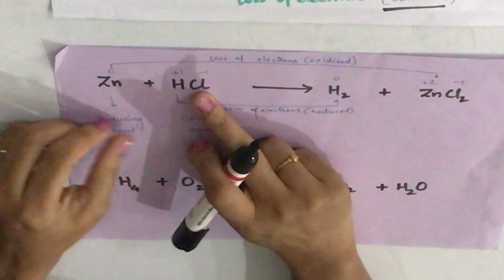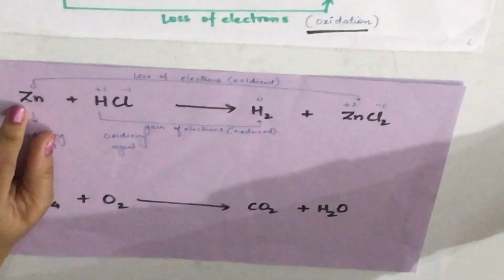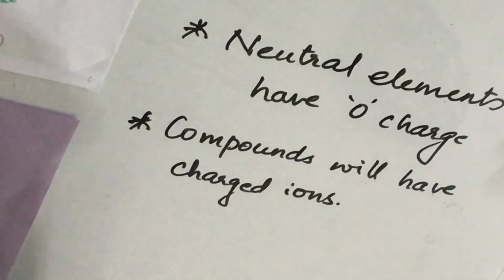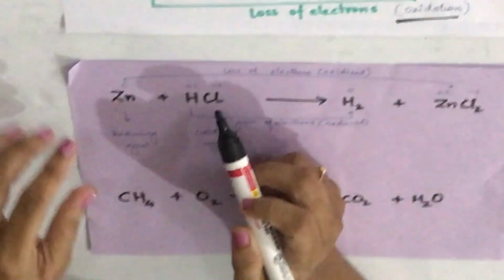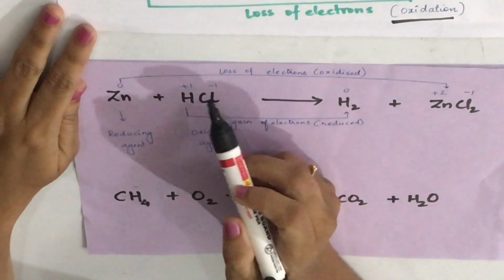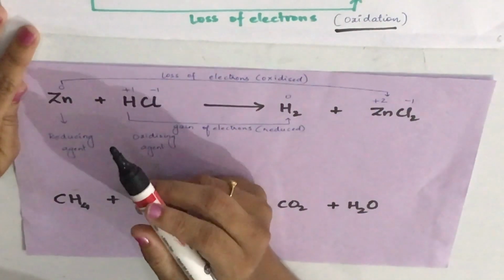Now in this case again, zinc is a neutral element, so it has a 0 charge. So let us put a 0 here. HCl. In HCl, chlorine always has a -1 and in turn H will have a +1.